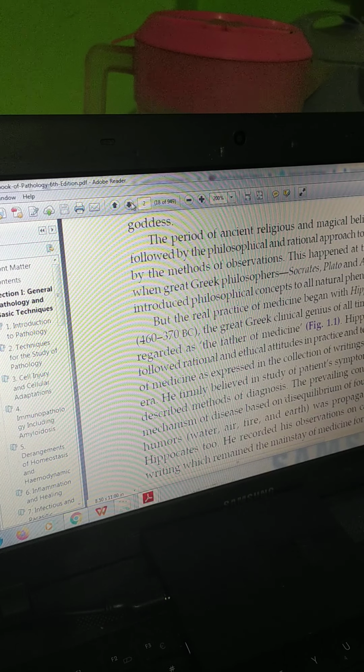Hippocrates followed rational and ethical attitudes in practice and teaching of medicine, as expressed in the collection of writings of that era. He firmly believed in study of patient symptoms and described methods of diagnosis.